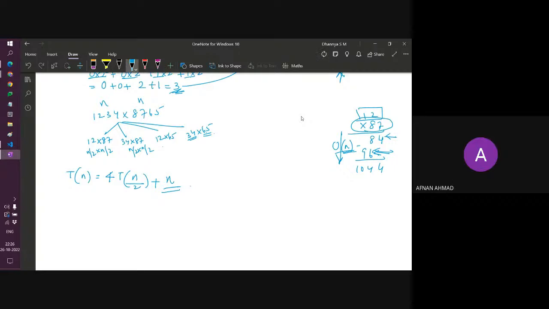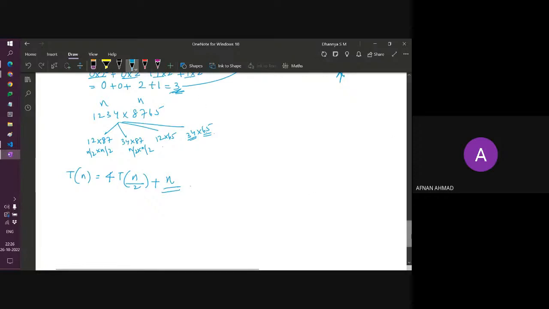Excuse me, ma'am. I have one question. In the code, the base case is given as when n is equal to 1, right? I believe we'll keep on breaking the digits until we have only 1. So it should not be 12 into 87, rather 1 into 8 and 2 into 7, like that, because we have to go till only one digit is there. Yes, correct. The recursion will go till you reach the base case. I'm trying to show you that there are 4 subproblems at each level.